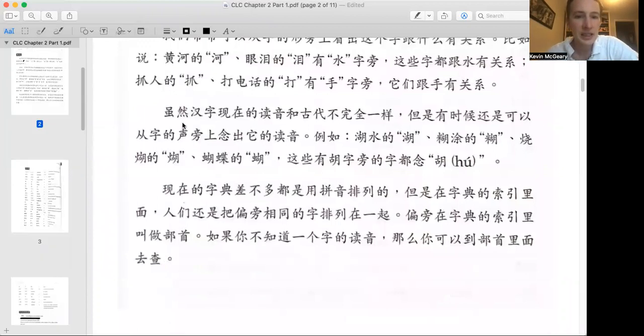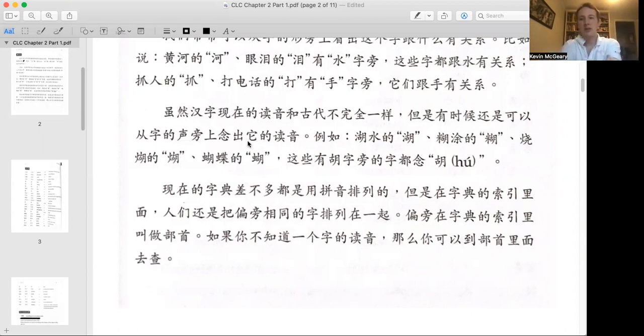虽然汉字现在的读音和古代不完全一样, so even though characters' current pronunciations are not completely the same as in ancient times, 但是有时候还是可以从字的声旁上念出它的读音.